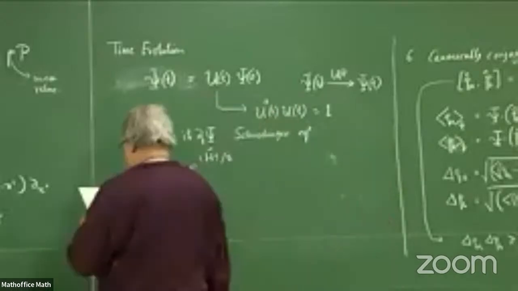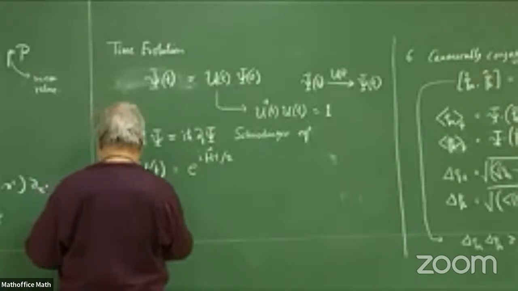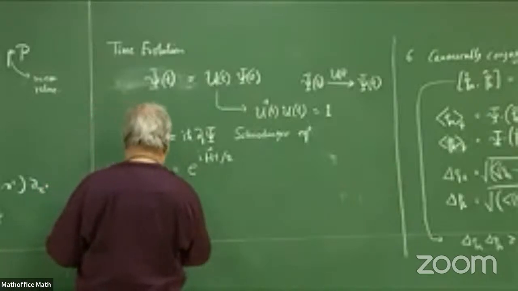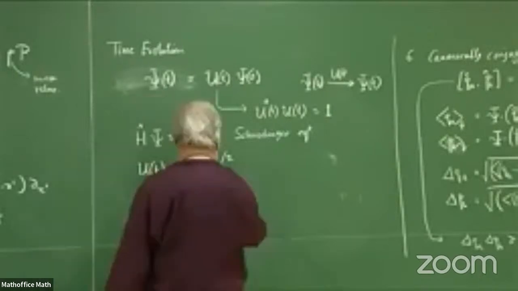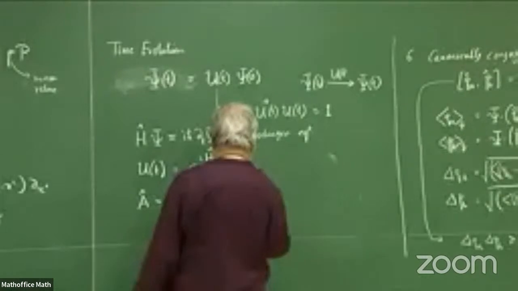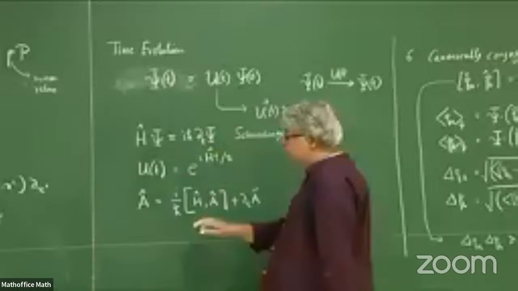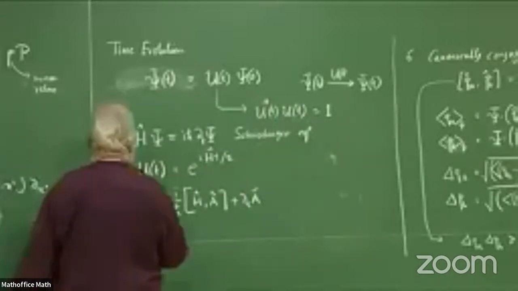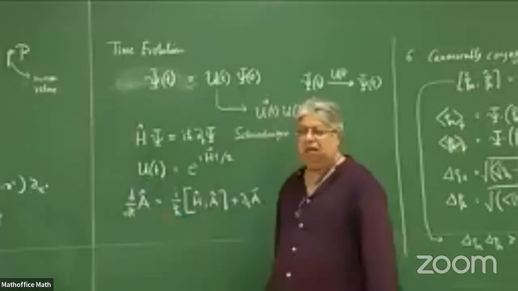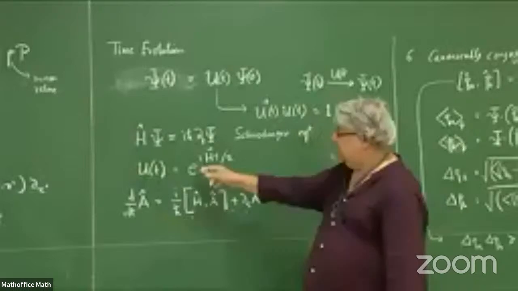And you can also show from here that if you have an operator, then its time dependence is satisfied by this, and these are equivalent, plus any explicit time dependence. So basically the time derivative of an operator is the commutator. You can find it by this.